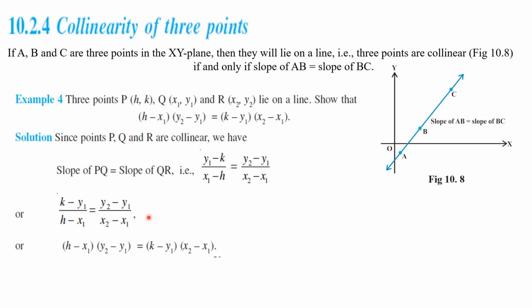Understood this step, my children? Right. Now by cross multiplication we get (h minus x1) into (y2 minus y1) is equal to (k minus y1) into (x2 minus x1). Okay, my children, which is the required statement. Hence proved. Understood this point, my children?